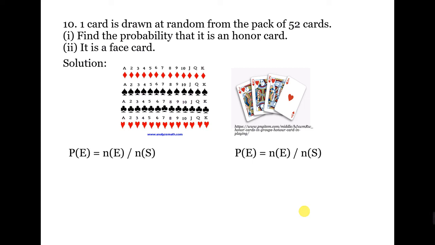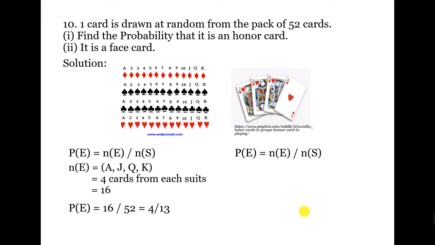We will first solve for the honor card. The number of honor cards is only 4, but we need to multiply it by 4 as the suit of every card. Therefore, the total events are equal to 16. Then we substitute it to the formula. Therefore, the answer is equal to 4 all over 13, or approximately 30% of total cards.